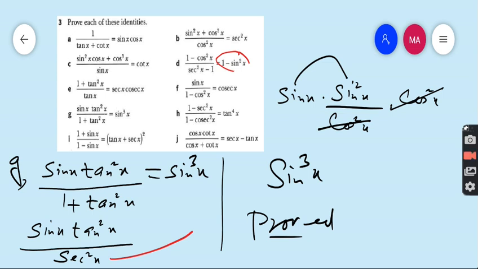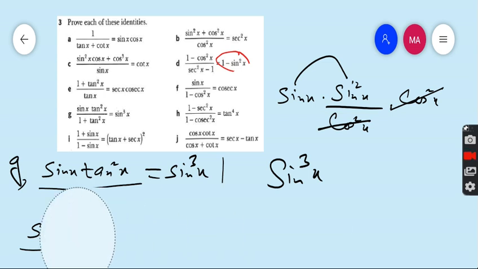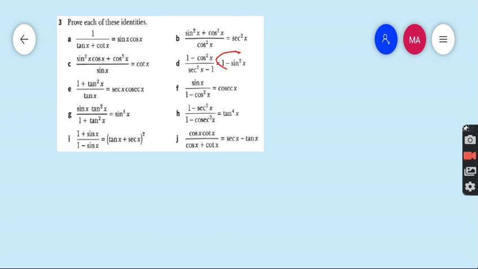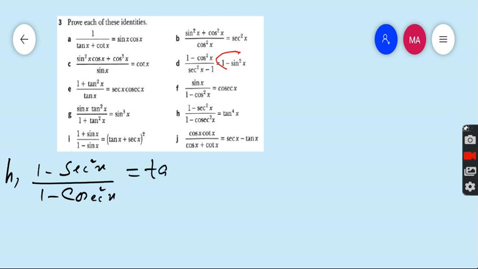Move to part H. What is part H? 1 minus sec square x upon 1 minus cosec square x is equals to tan 4x.